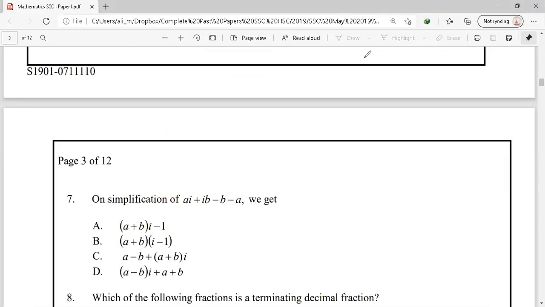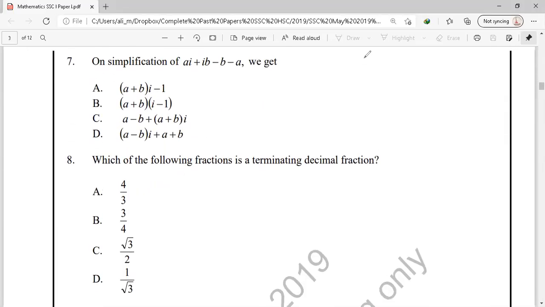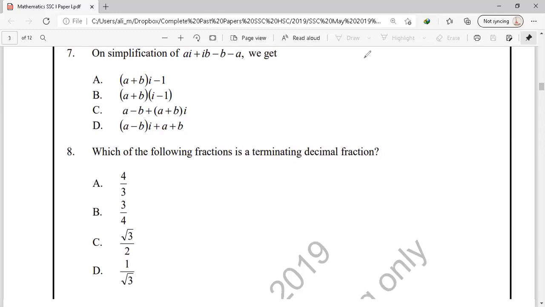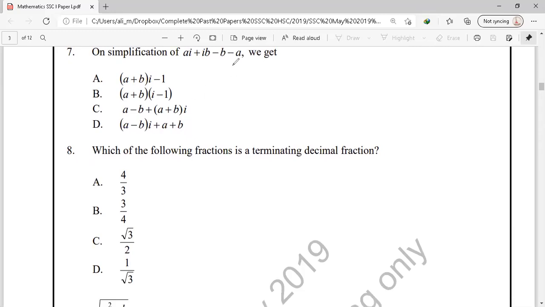Let's come to our question number 7 and 8. In question number 7, we have to simplify this complex number. In this complex number, we have ai + ib - b - a. So we can take iota as common.